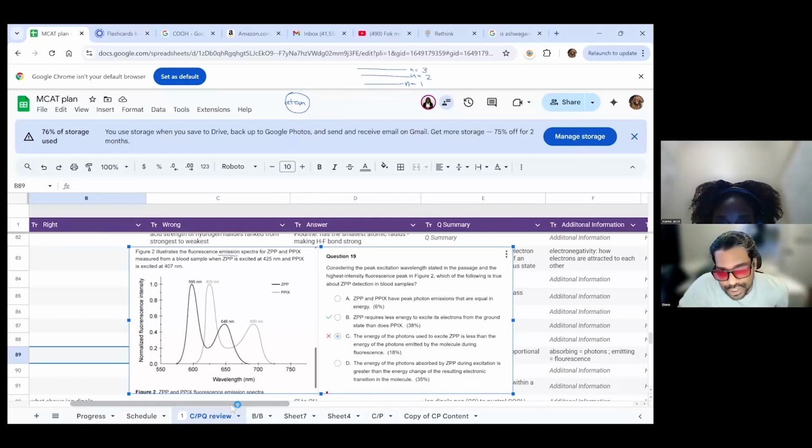And if the energy between the ground state and the next shell outward is, let's just say, 1 electron volt, and you shoot a photon at the atom with, let's say, 0.99 electron volts.